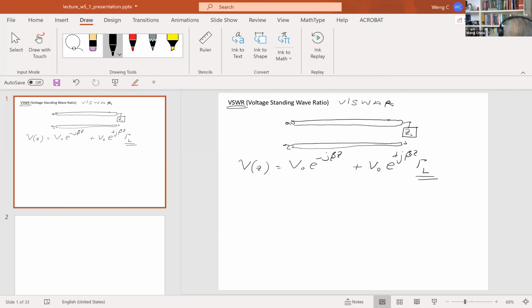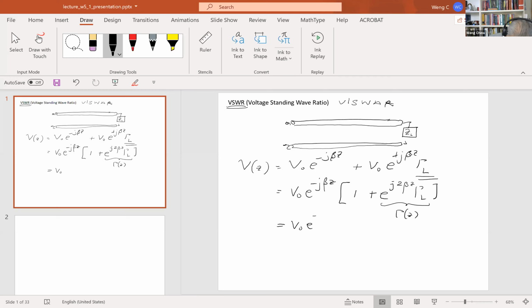Okay, so we can actually write this as V0 e to the minus j beta z, factoring it out, I will get 1 plus e to the 2 beta z gamma L. If you look at this function now, we can call the general reflection coefficient gamma z. Hence, I can say that this is of the form 1 plus gamma z.